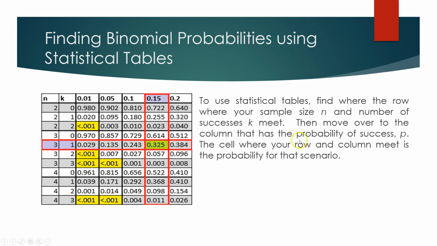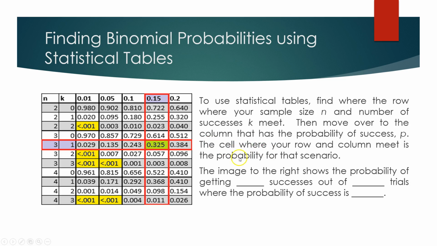To use the statistical tables, you need 3 things. You need to know how many trials you have, how many successes you are looking to get, and the probability of success. The cell where your rows and columns meet is the probability for that scenario. So for example, we're going to do this one backwards. The image to the right has a cell that is shaded in green. So this is our probability, our answer.